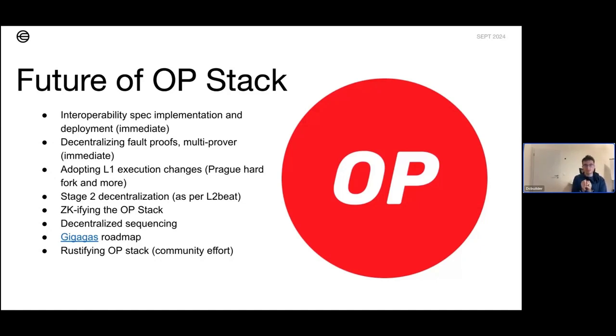The way that it works is that you lock funds on a smart contract on Ethereum, and then the L2 mints your equivalent balance on the same address on Optimism, and then you're able to spend that balance on the L2. After you finish doing what you wanted to do in Optimism, you can withdraw back to Ethereum using the bridge, but it takes 7 days for this dispute period to finish. Once the state settles, you can withdraw against that state.